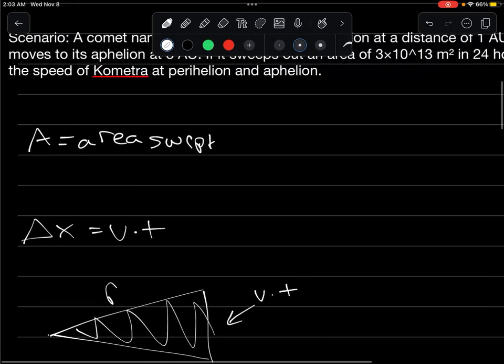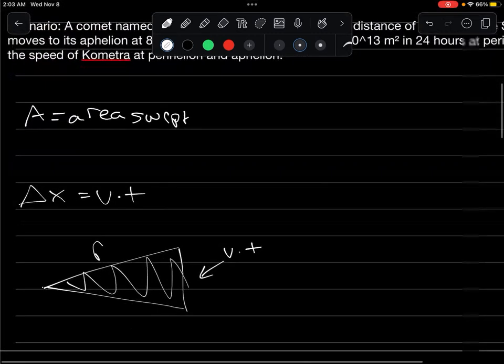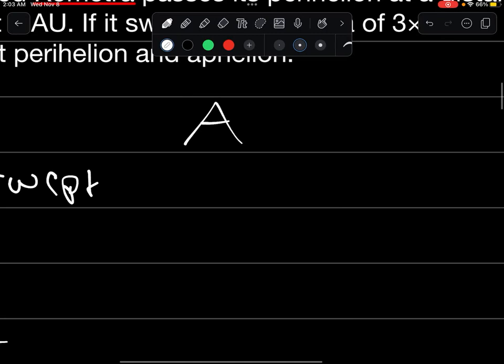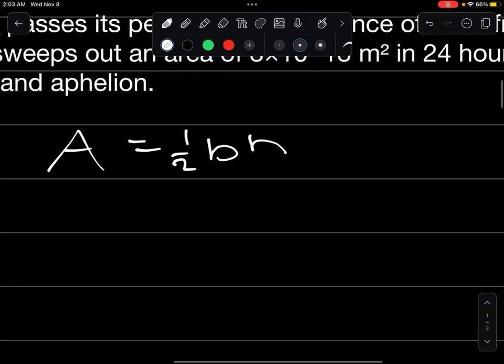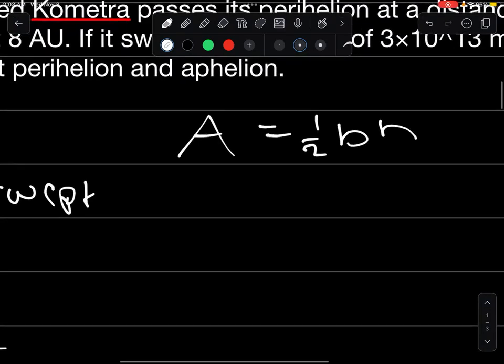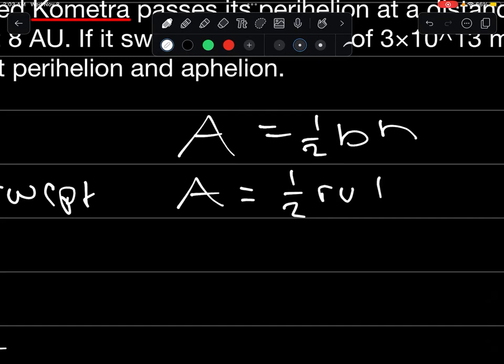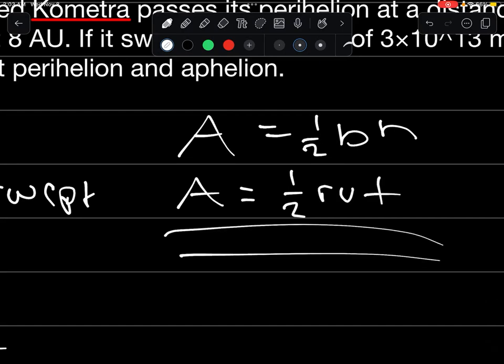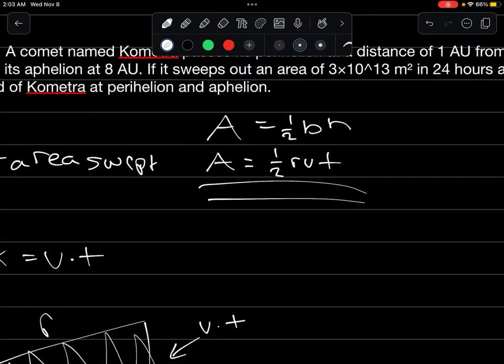And so in other words, the formula for a triangle, of course, is area equals 1/2 base times height, right? So in order to express this properly, we would get area equals 1/2 r v t, okay? Now we want to rearrange the equation to find the orbital speed v.